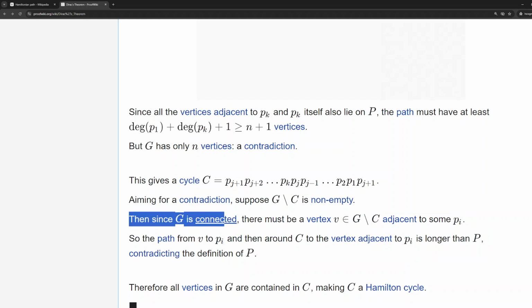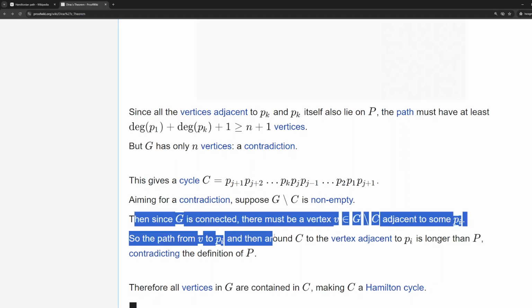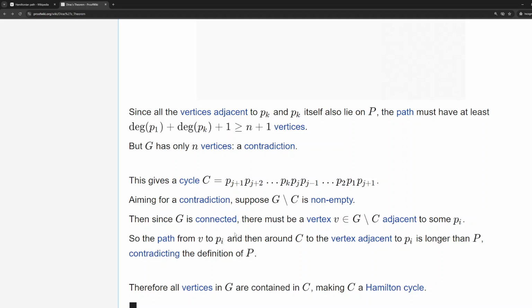They write, since G is connected, there must be a vertex. Then we can extend an edge from this cycle, and there would be a longer path than the originally chosen longest path. So this is where they used connectedness, and this is simpler than in the actual proof.